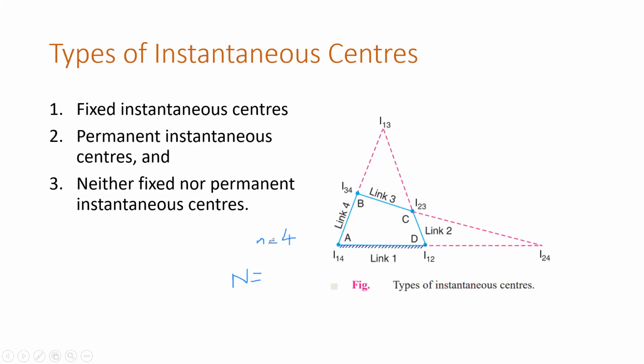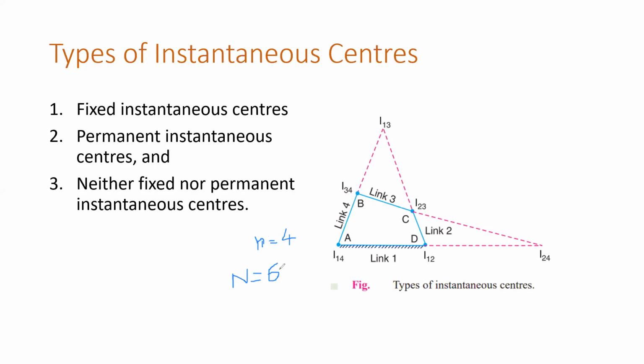If you put the value of small n as 4, what is the value of capital N? Yes, 6, correct. So 6 ICRs are possible.